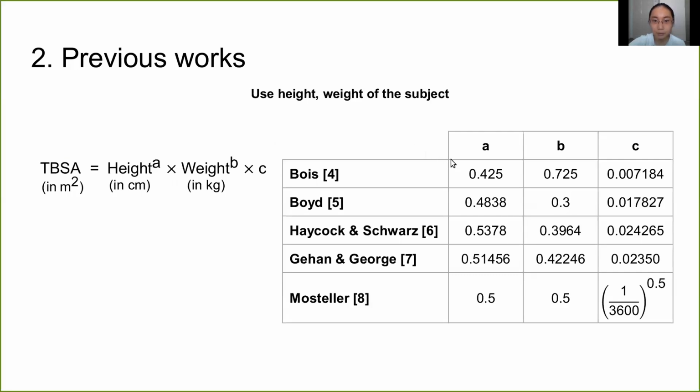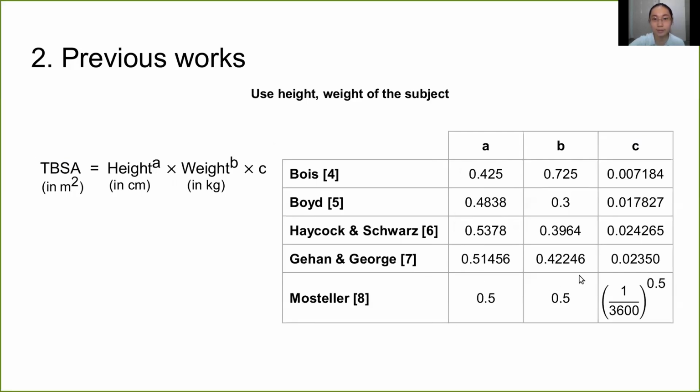For example, some equations assign higher importance to weight than height. On the other hand, equations 5, 6, and 7 assign higher importance to height compared to weight. Another assigns equal importance to weight and height.